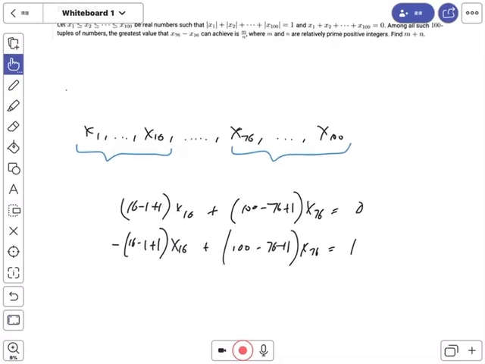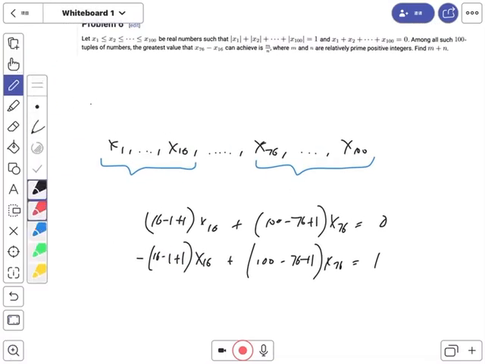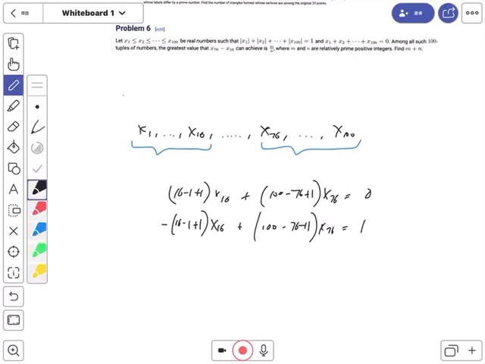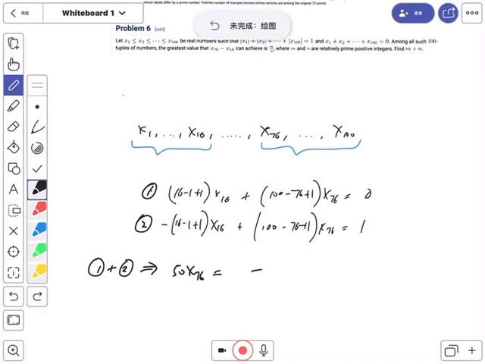Now we just add the two equations up. So this one we can evaluate as 25. Let's call this equation number 1 and number 2. Then number 1 plus number 2 just gives us 50 x sub 76 is equal to 1. So x sub 76 is equal to 1 over 50.